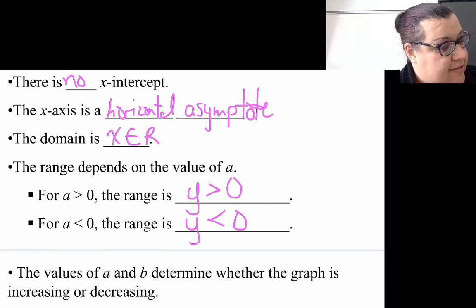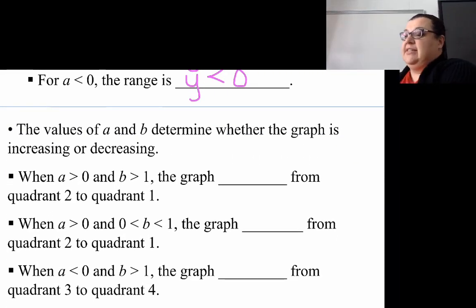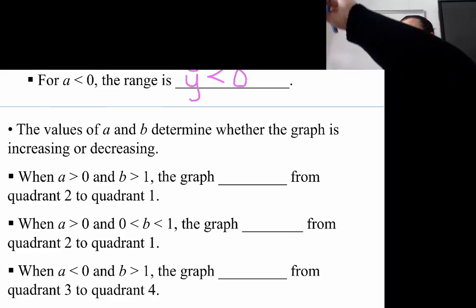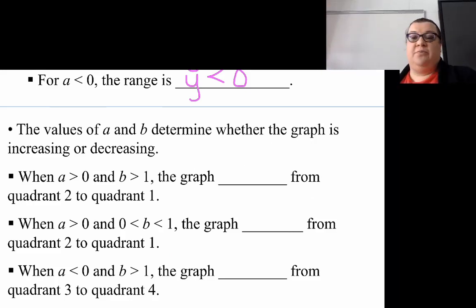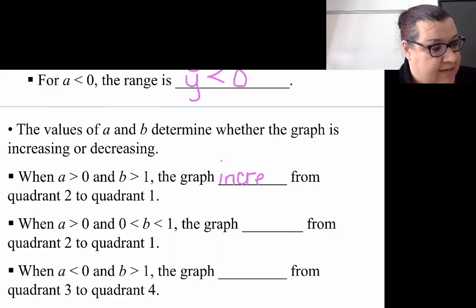Now, it also says that the values of a and b determine whether the graph is increasing or decreasing. So when a is greater than 0, so meaning it's positive, and b is greater than 1, we got an increasing graph going from left to right. And specifically, we are above the x-axis, so we are going from quadrant 2 to quadrant 1.